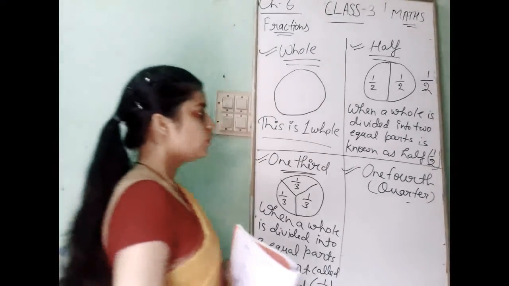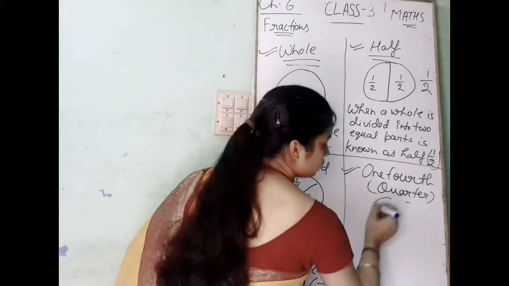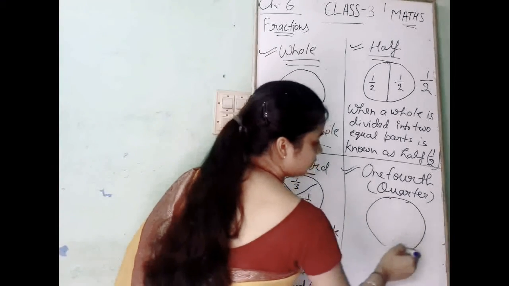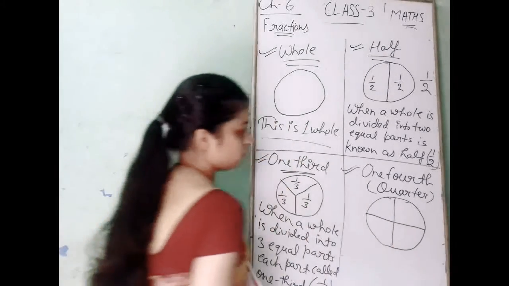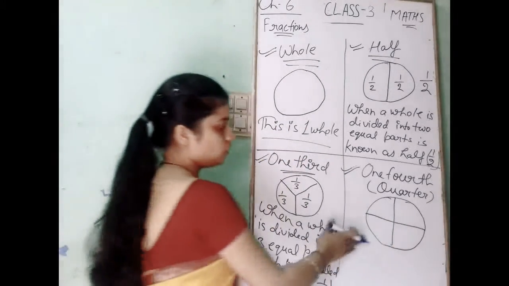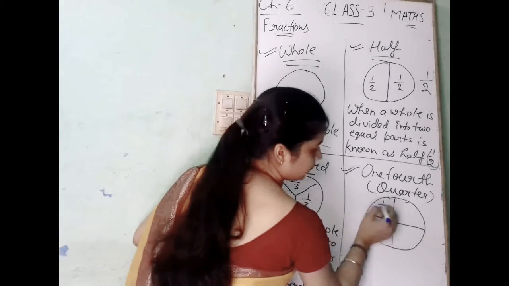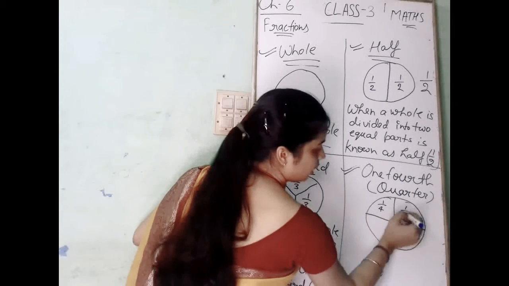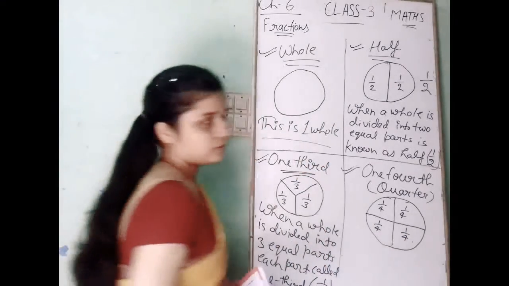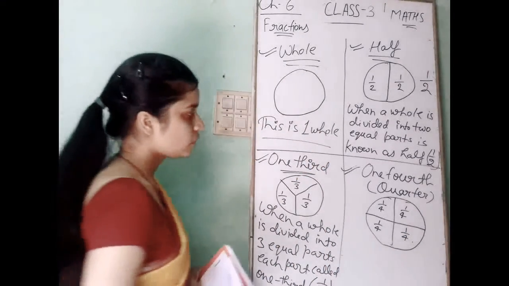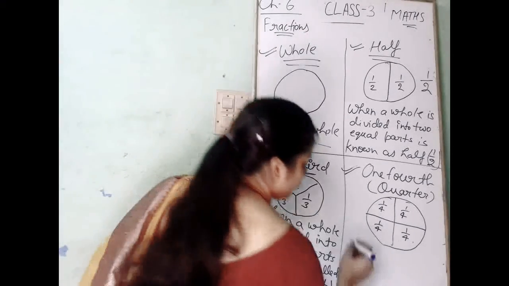Okay, 1/4. What does 1/4 mean? Suppose I again make a circle and divide it vertically and then horizontally. Okay, these are the 4 parts of the one whole circle. Then each part can be said as 1 by 4, or you can also say quarter.